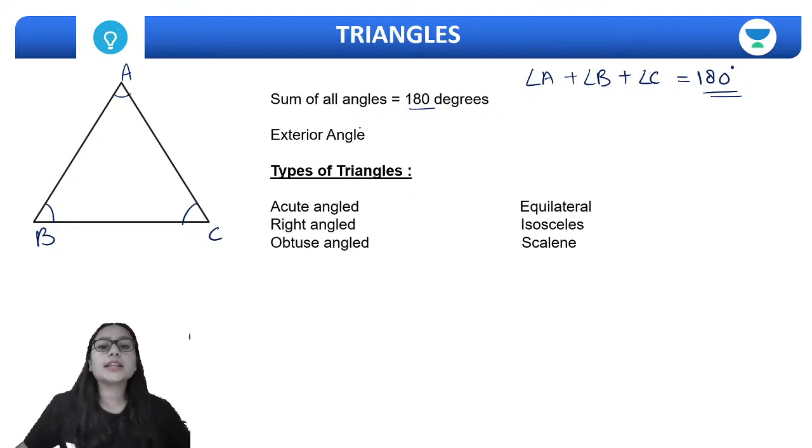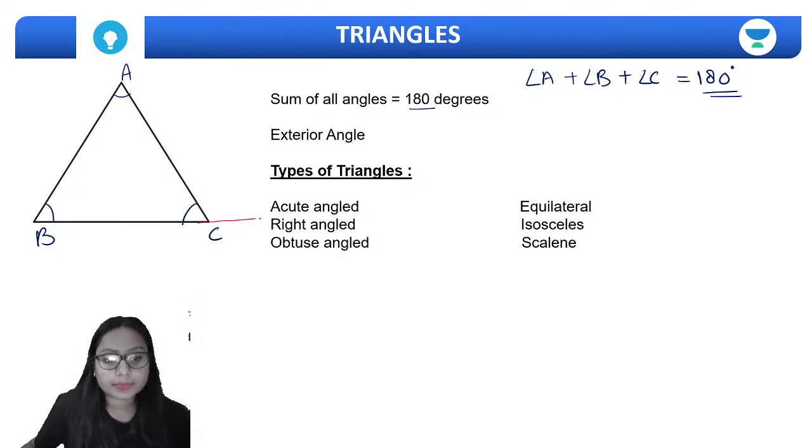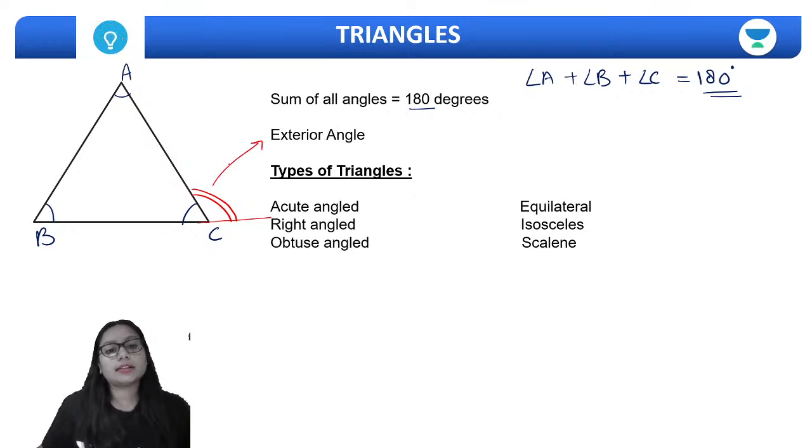Okay. Now let us understand what is an exterior angle. Suppose I extend any one side of a triangle. Let us extend this side. The angle formed on the outside is known as the exterior angle. Similarly, if I extend this side, I'll get this angle as an exterior angle.